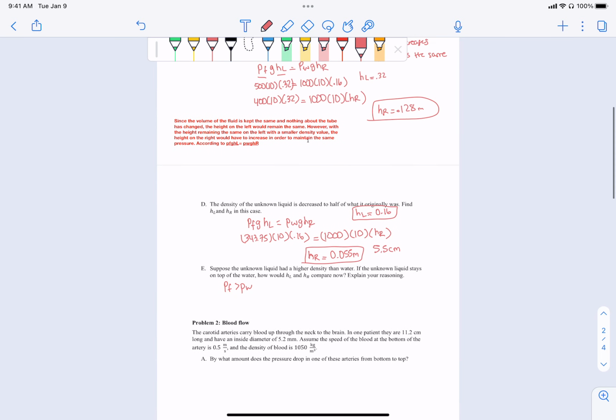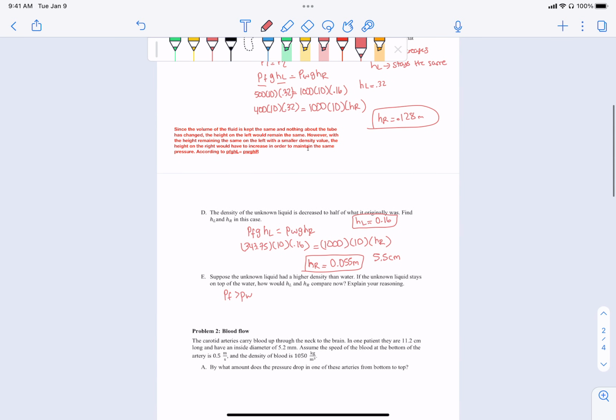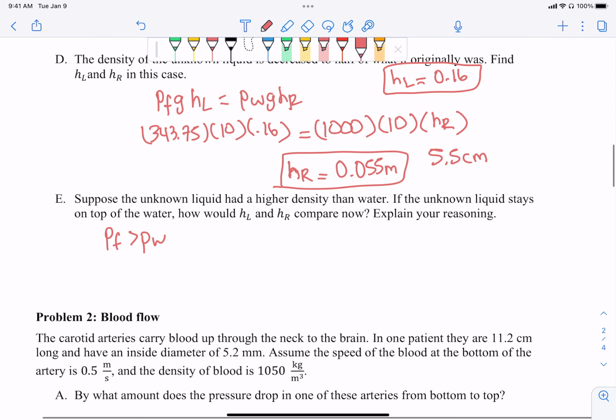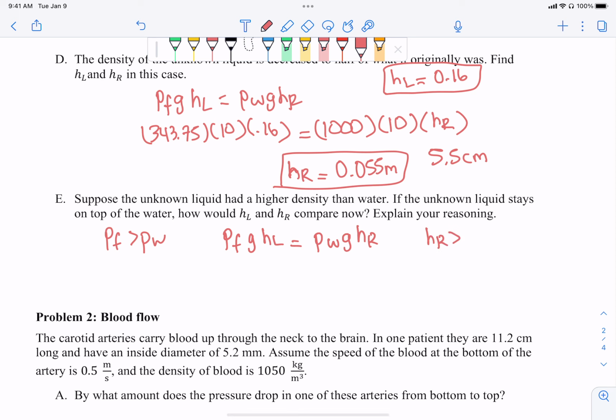It's kind of the opposite of what we did before, or similar at least to what we did before. So if we had, once again, P fluid times G times HL, P water times G times HR, right? So HR would increase, right? So HR would be greater than HL.